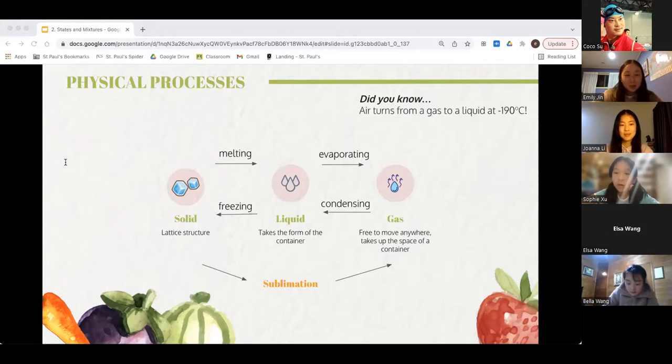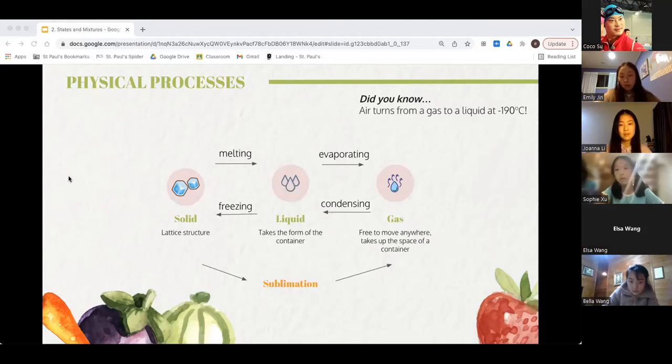In this orange word, sublimation is maybe something you haven't heard of: it's when a solid goes straight to a gas. It basically skips the process of becoming a liquid. The reverse process is known as desublimation, but we don't see that too often.